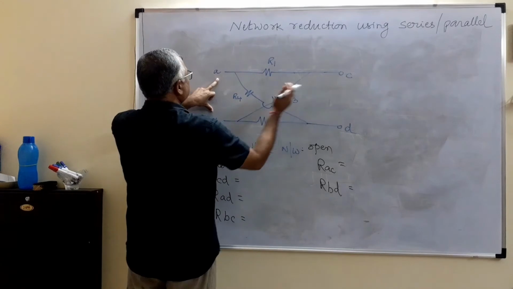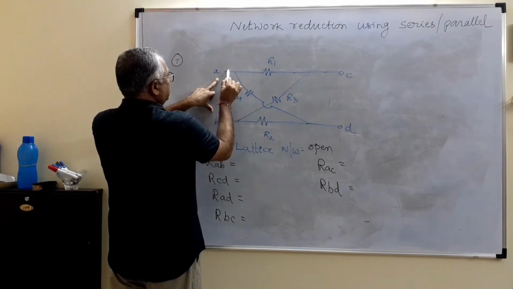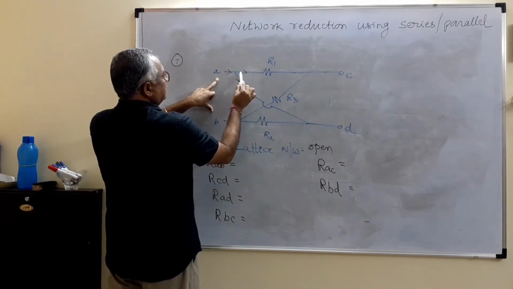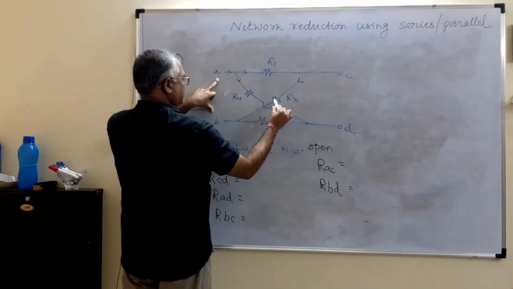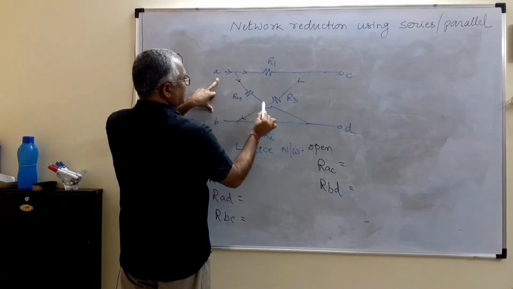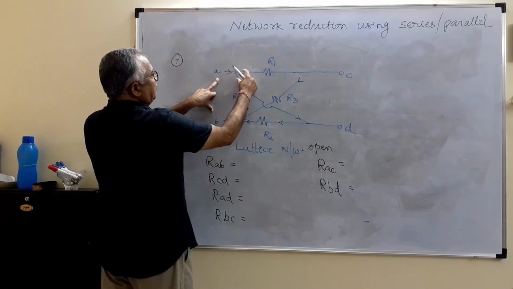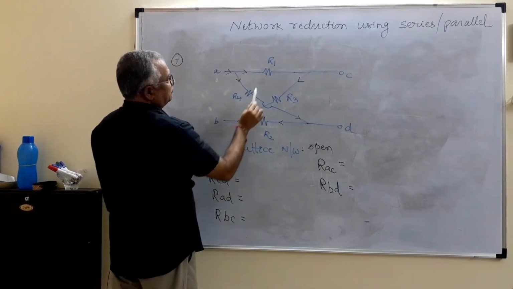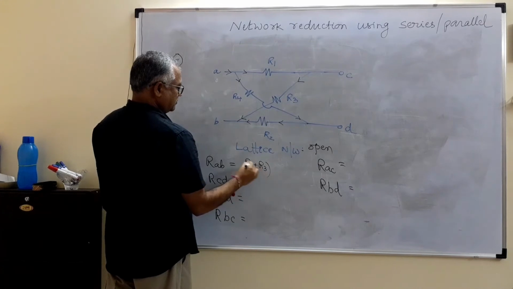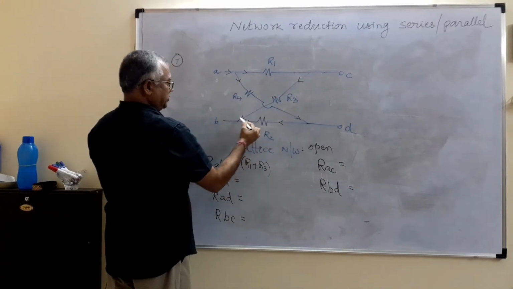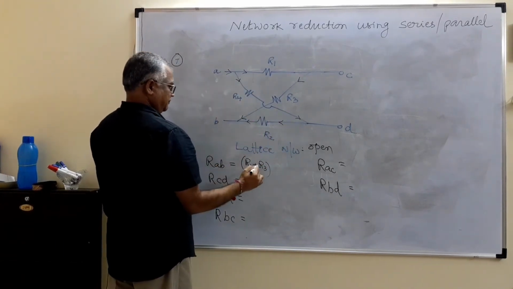When it is open, again same technique. You are entering from A coming to B. And this current is dividing here. So this current flow, it is open. So coming like this coming here. This current goes here, same current coming like this. So this divided current combined here. That means R1, R3 series, R1, R3 series, R4, R2 also series, that is parallel.